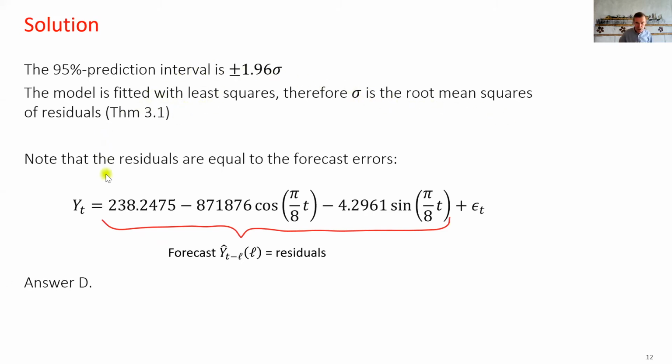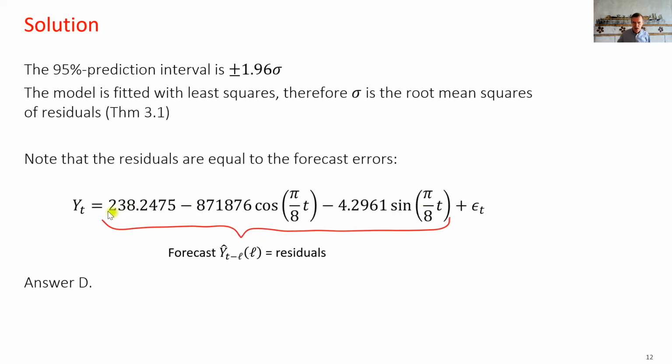Now the last point is also true because the residuals are also equal to the forecast error, right? Because if we look at the value at time t, which we could have forecasted in the past. So assume at time t minus L, I forecast the value at time t. The formula we'll have is this one.